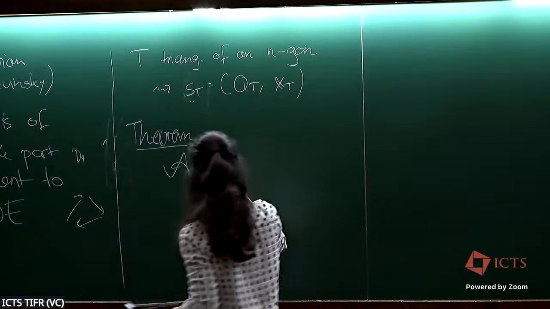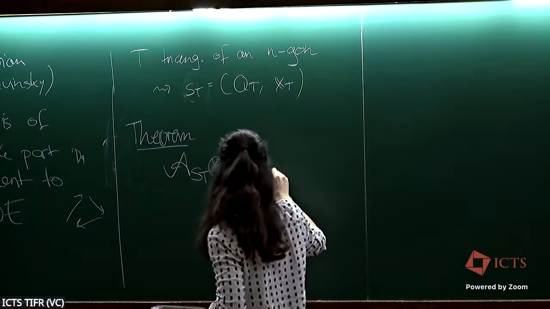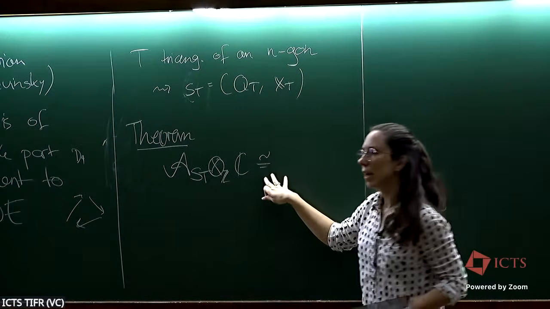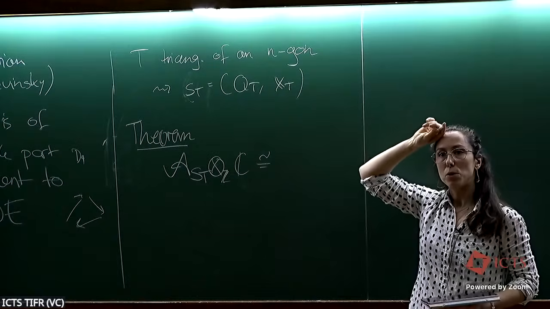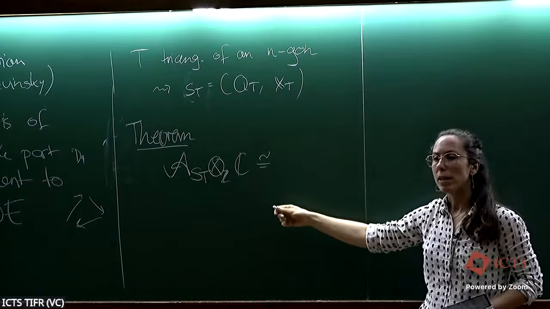and I tensor it with the complex numbers, then this is isomorphic to one of the Plücker algebras we've seen in the morning, or the homogeneous coordinate ring of the Grassmannian Gr(2,n).